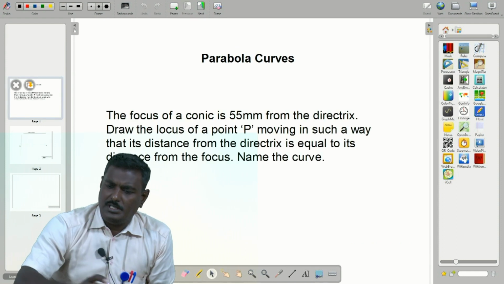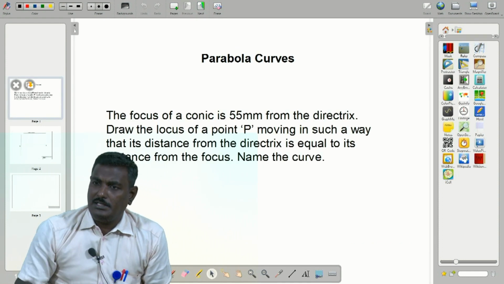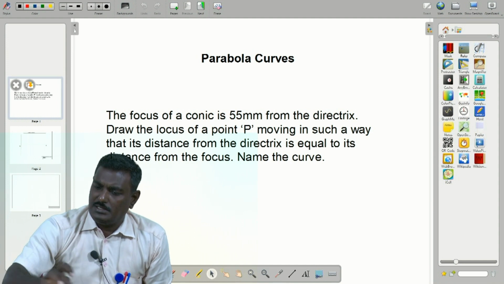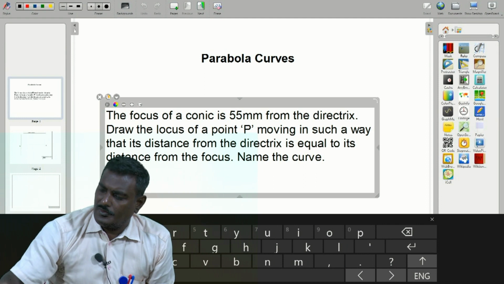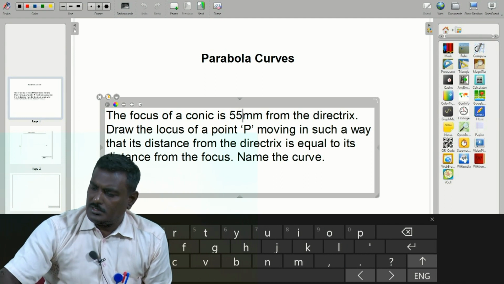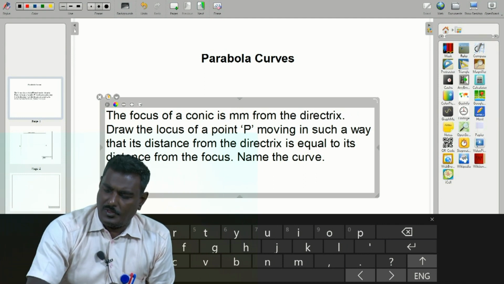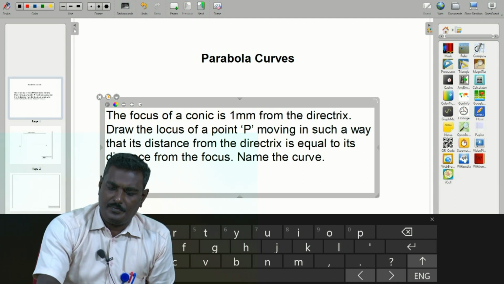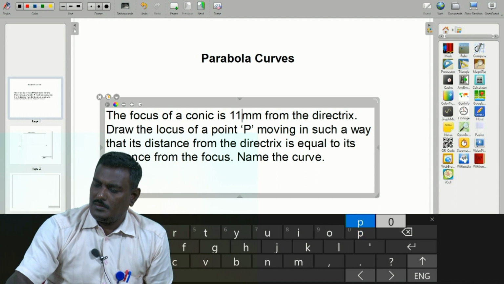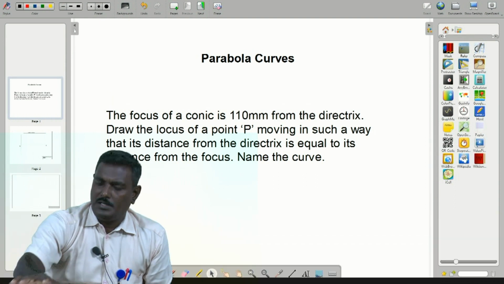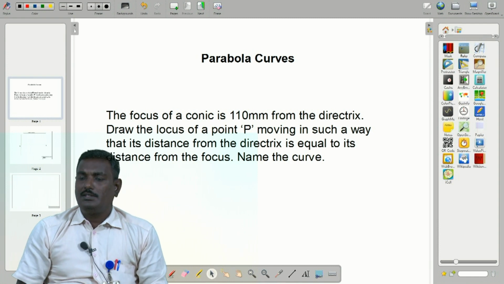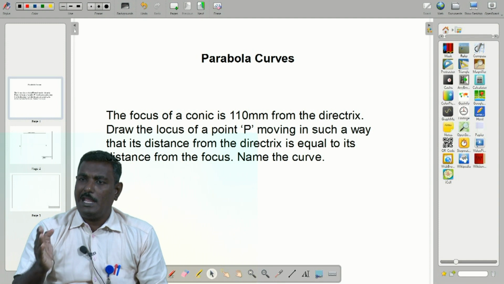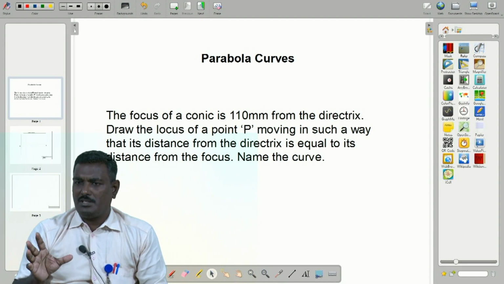Just a moment, I have to change because here the compass is not within that millimeters. So I want to consider this: 110 mm. We now consider the distance from the directrix to the focal point as 110 mm, so 11 centimeters.